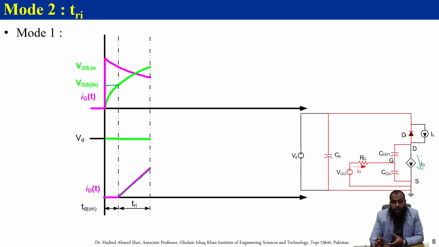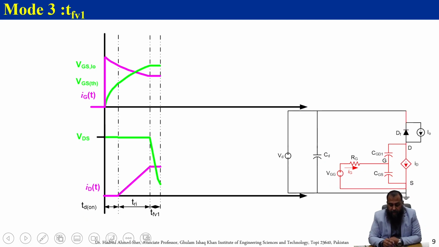VDS is not at a lower value, and you can see that VDS is still at the same value here. On the other side, the gate current comes to a lower value, while this VGS is still rising here. We call this the rise time. So now we have two distinct operating times: the first one is the delay time, the second one is the rise time, and this is the equivalent circuit here.